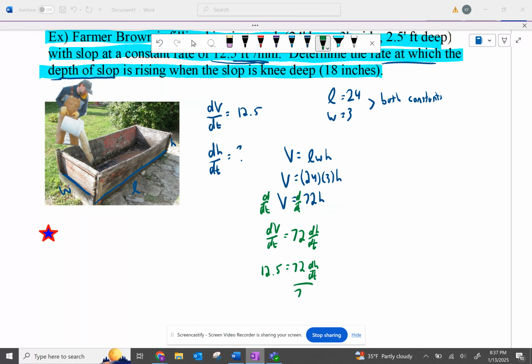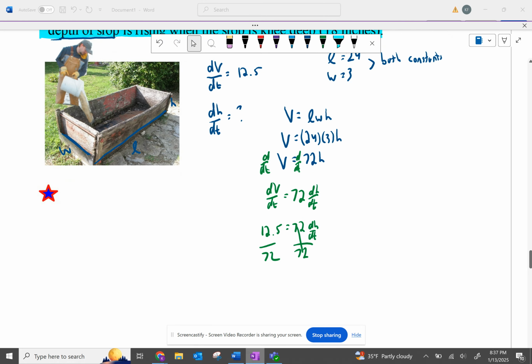So to solve for dh/dt, I just divide both sides by 72. And that gives me that the rate of change of the height is about 0.17 feet per minute.